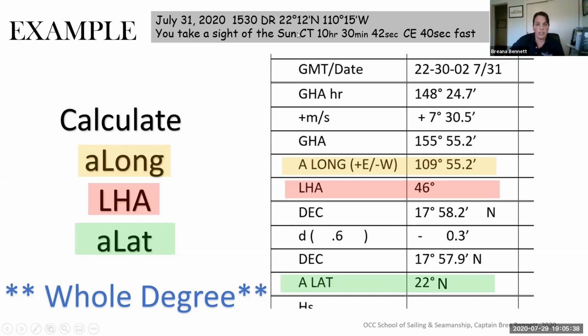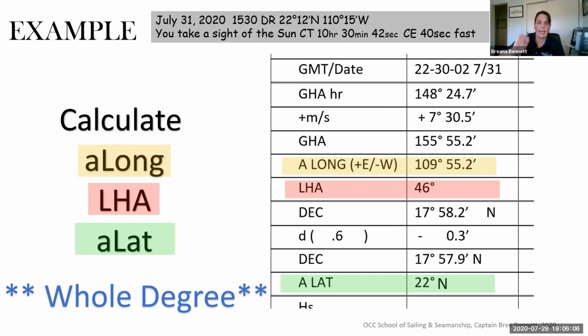So my DR was 22 degrees 12 north. So I'm just going to go to the nearest latitude, which would be 22 degrees. If it's 22 degrees 30 and up, you can go to 23 degrees. Same thing with assumed longitude. If you go to a different one, it will calculate the correction itself.